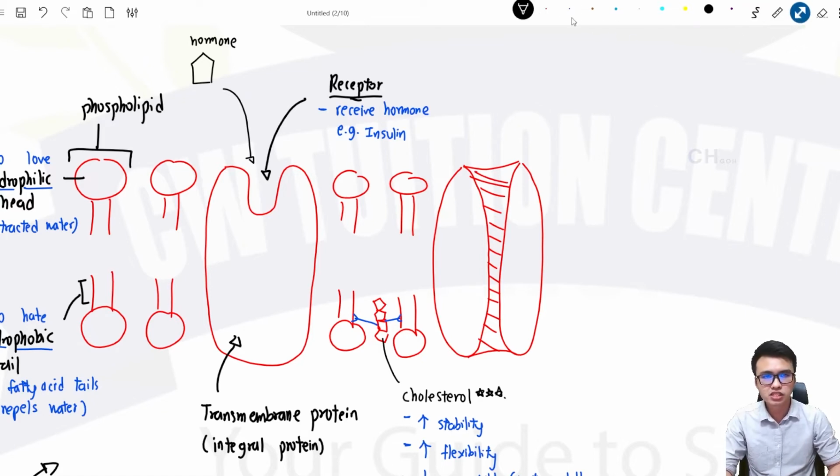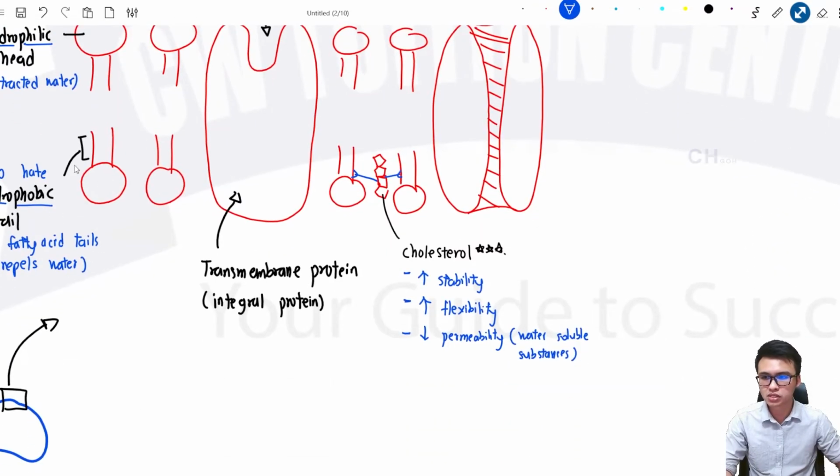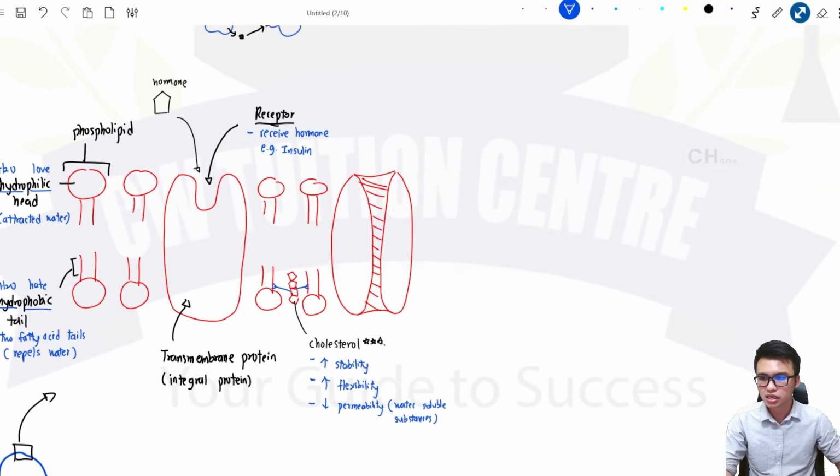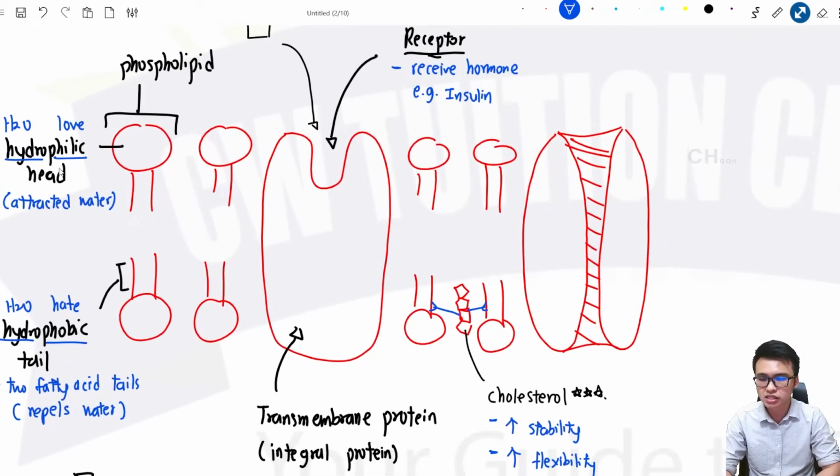Like I said just now, we did study about the plasma membranes. The plasma membrane has hydrophilic heads as well as hydrophobic tails. The hydrophobic tails are in the middle of the plasma membrane. That's why it only allows certain substances, like lipid soluble substances, to pass through it.